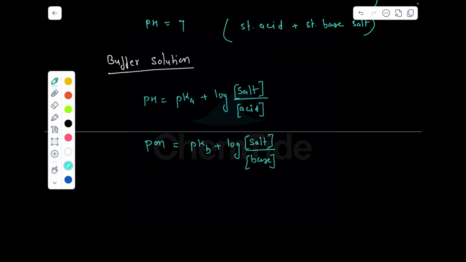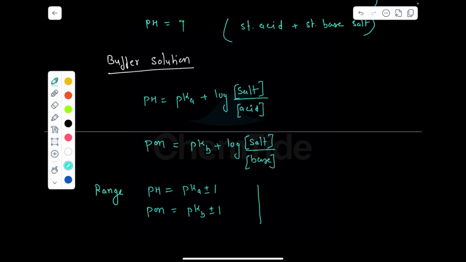The buffer can resist change in its pH value, so the range is, for acidic buffer, pKa plus minus 1, and pOH is equal to pKb plus minus 1.